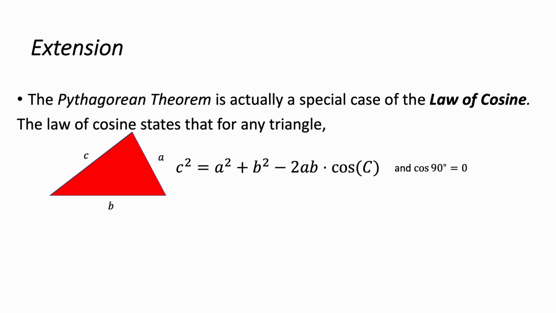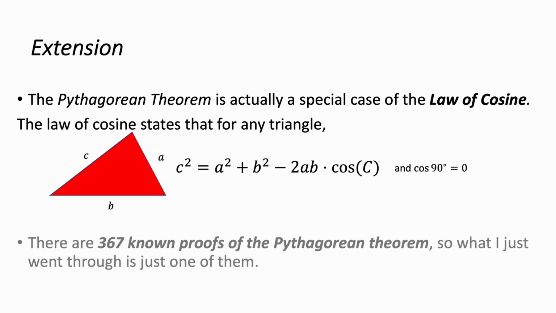Also, you can switch the sides of the triangle so that a, b, c switch and this identity still holds, which means that c squared is still equal to a squared plus b squared minus this, although the cosine value is of the angle opposite to it, which means it would change as well, and the equality still holds.